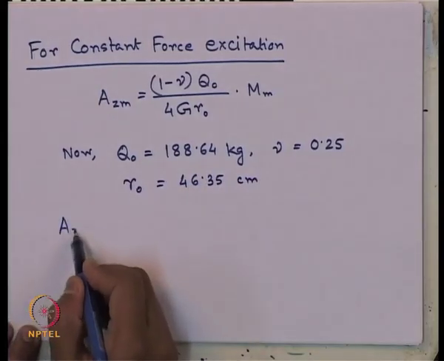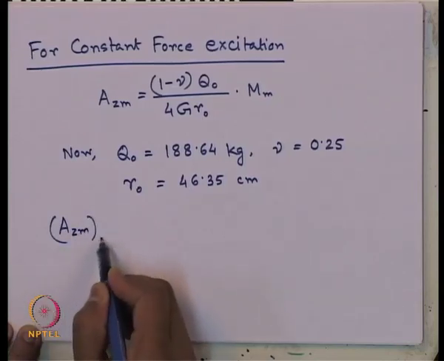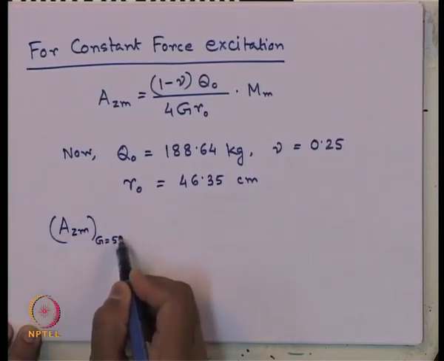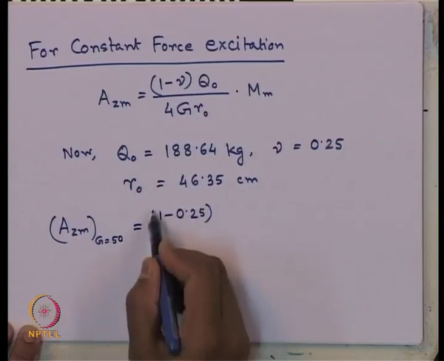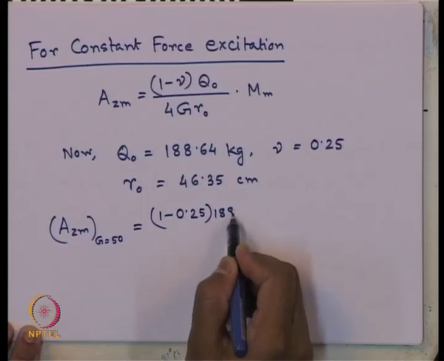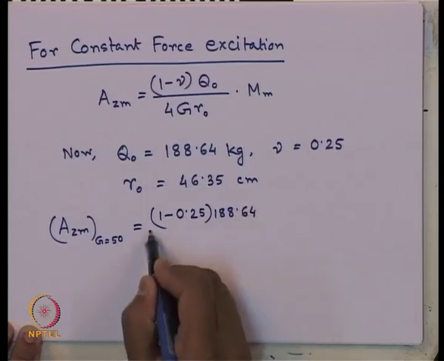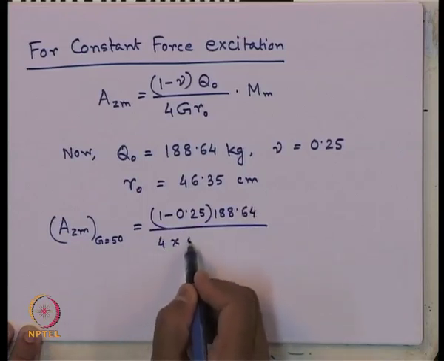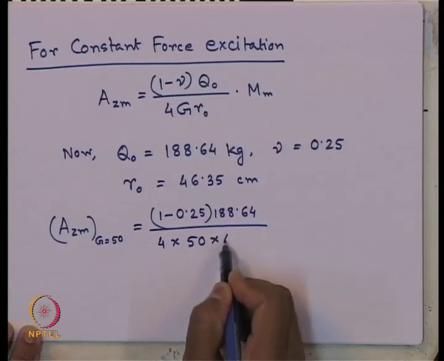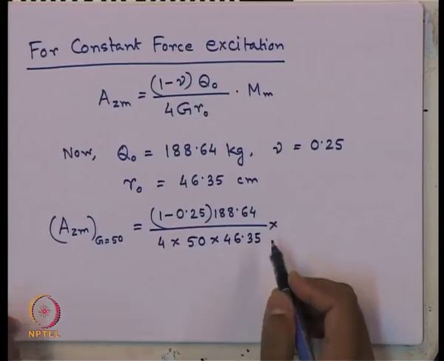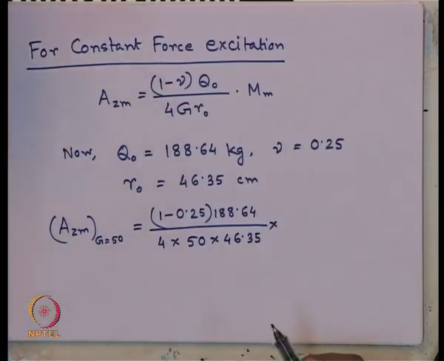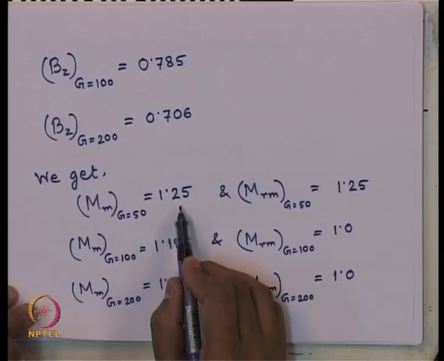Therefore, AZM with G equals to 50: 1 minus 0.25, times 188.64 by 4 into 50 into 46.35, into what we read from the design chart, 1.25.